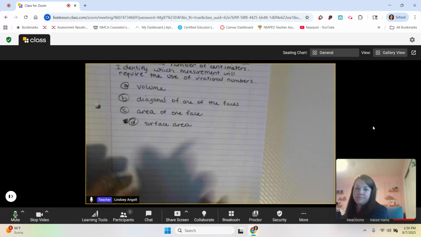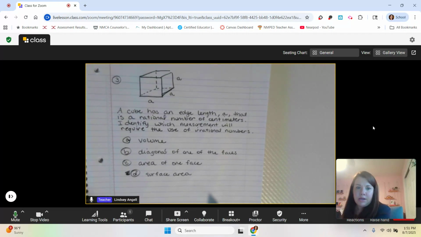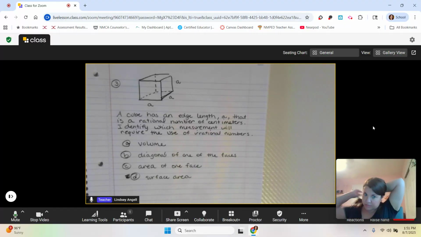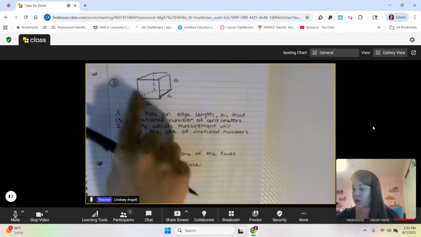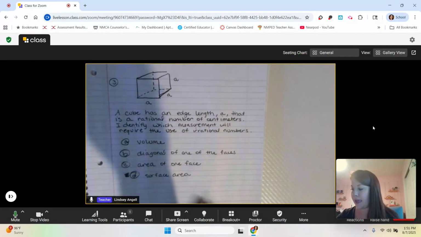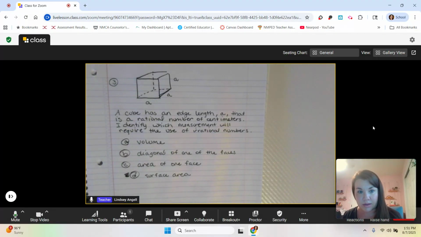Okay? So, last one, and then you can go get to your lesson. Number 3, and this is actually taken from your quick check. So write it down. Write it down, okay? Because it's an answer on your quick check. A cube has an edge length, A, right? So here's my cube, edge length A. If it's a cube, that means every edge length is the same, right?